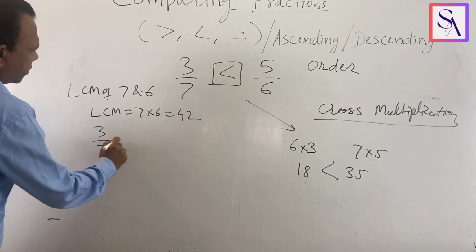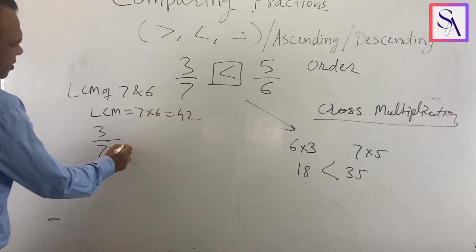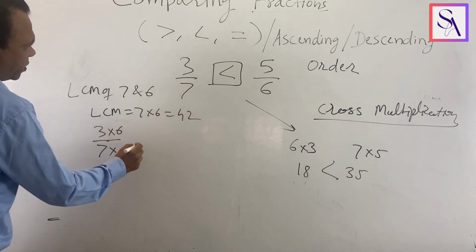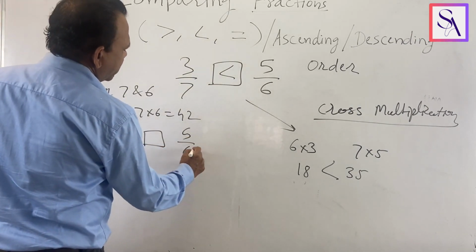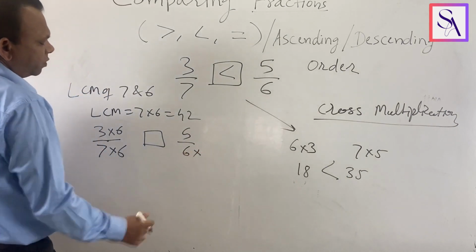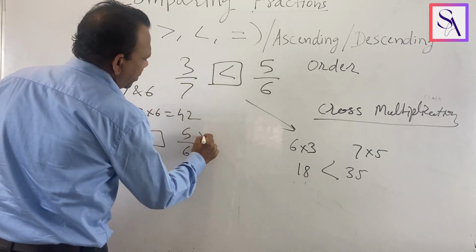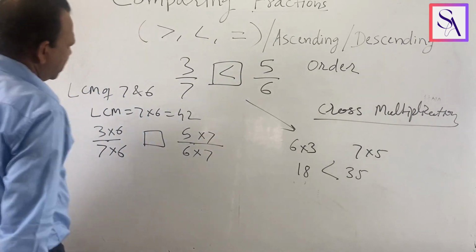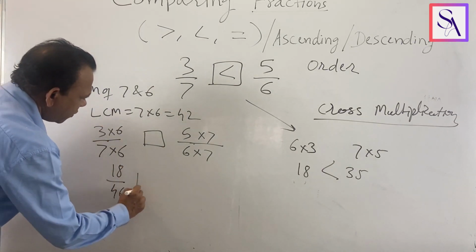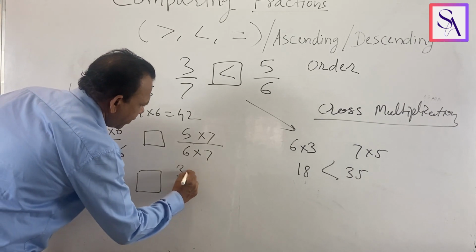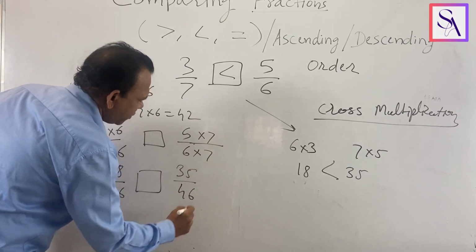How to make 42? I have to multiply by 6, and the numerator as well. Then 5 by 6. How to make this 42? Multiply by 7, and multiply the numerator by 7 as well. So, 18 by 42, then 35 by 42.